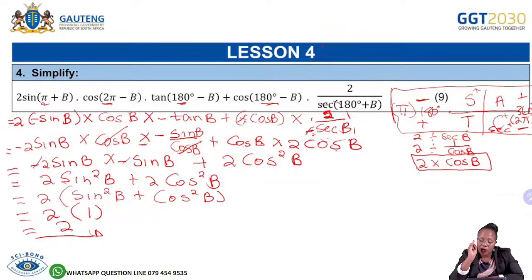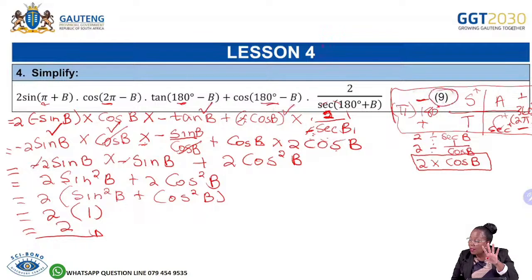One mark will be for minus 2 sine B. If you end up at minus 2 sine B, that will be your first mark. The second mark is for cos B, the reduction of cos. The third mark is for minus tan B. The fourth mark is for cos B. Can you see? Reduction. Out of the 9 marks, you already have 4 marks for that.